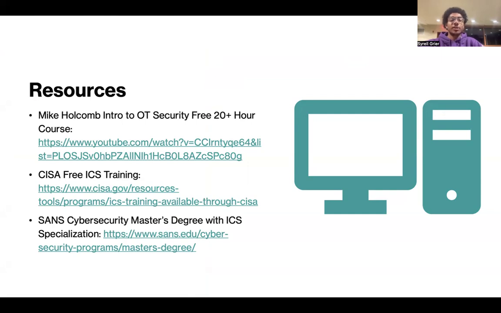CISA, or the Cybersecurity and Infrastructure Security Agency, has free ICS training on their website, and you can get some certifications through them. And then SANS, which is the premier cybersecurity education organization, has a master's degree where you can actually specialize in industrial control systems. So those are some ways you can get involved in ICS and OT cybersecurity.